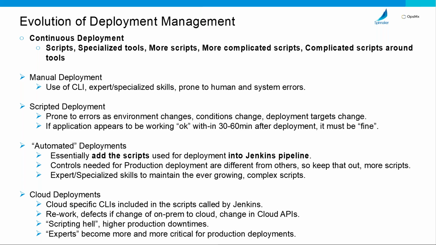Particularly if something changes, like API versions in the cloud, or if we are moving from one cloud to another or from on-prem to cloud, a lot of the effort we put into the scripts pretty much goes to waste. What's been called scripting hell results in strange defects and people spending time trying to understand what happened.